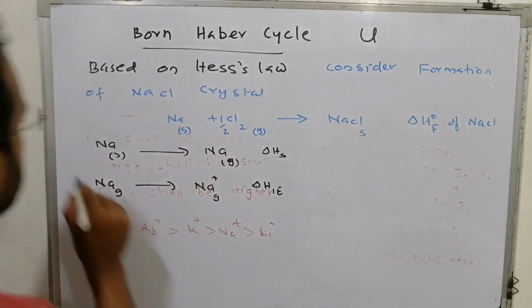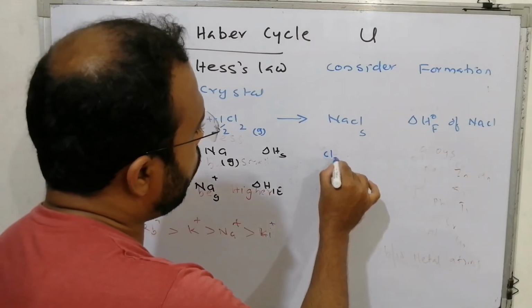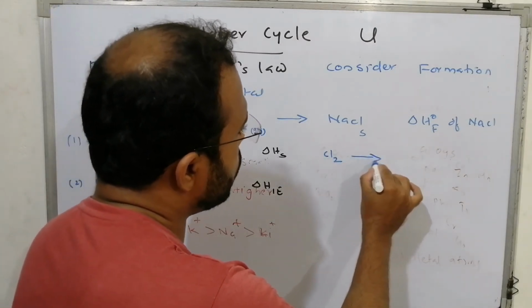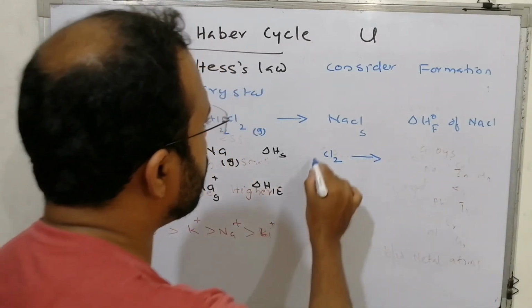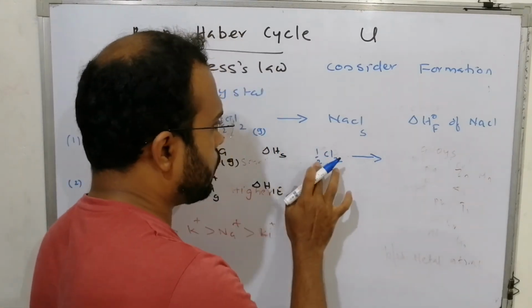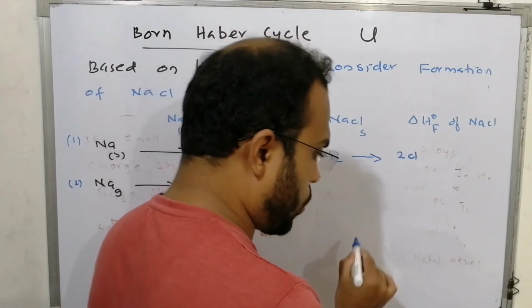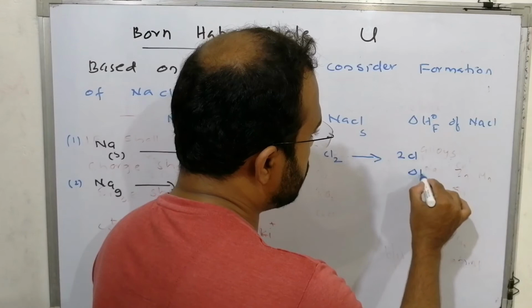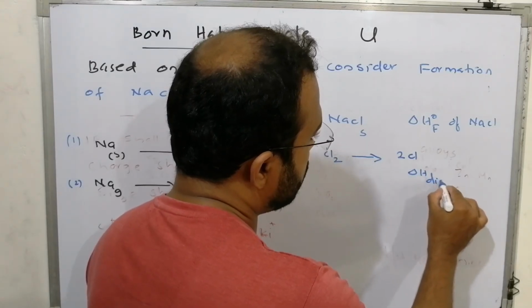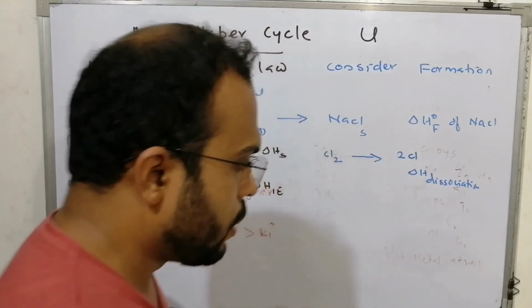Now, this is step 1 and step 2. Now you take half mole chlorine gas into 1 mole chlorine atoms, Cl. This is called the enthalpy of dissociation. If you take only half mole, it will be half the enthalpy of dissociation.